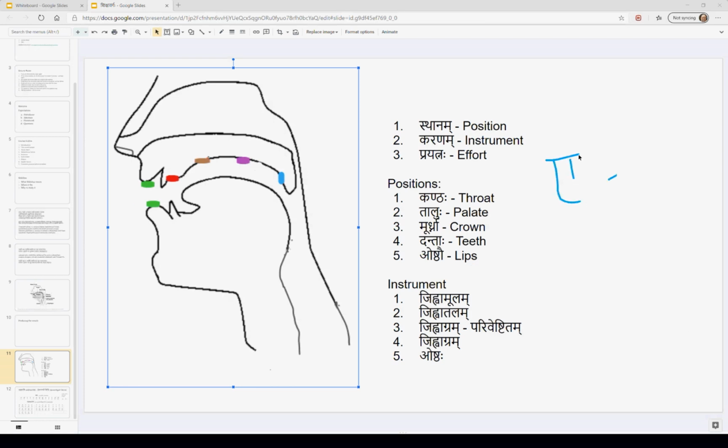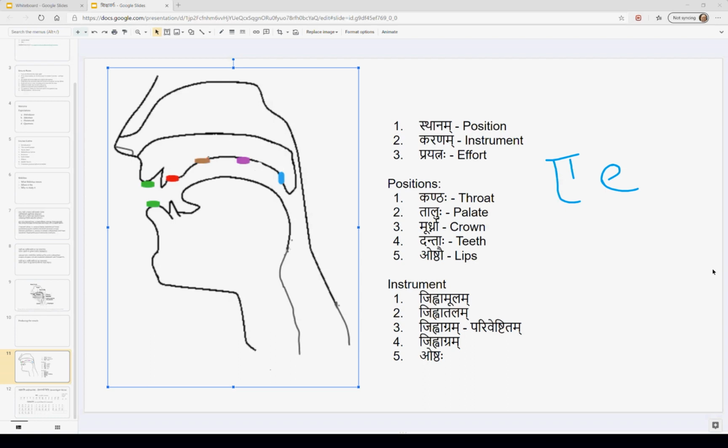Now what about A? A is Kantha-talu. So A is a combination of what? Throat and tongue, Kantha-talu. There is an echo coming. That's better now.